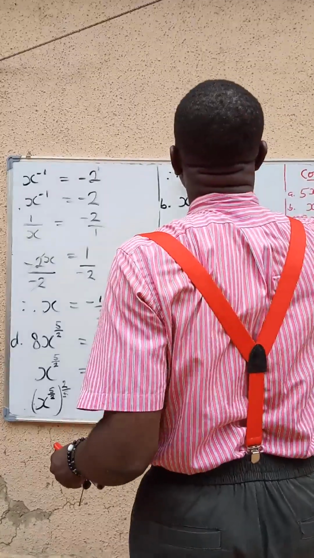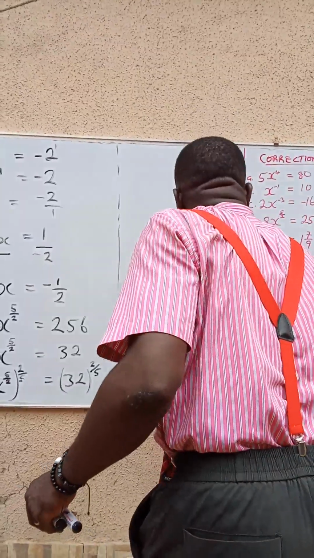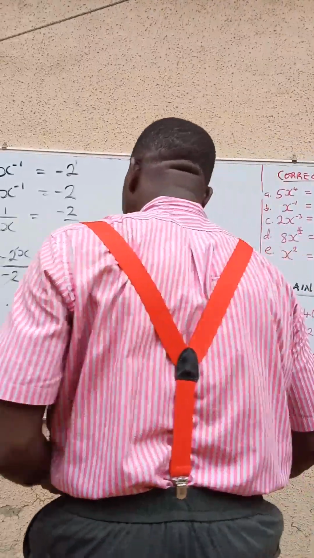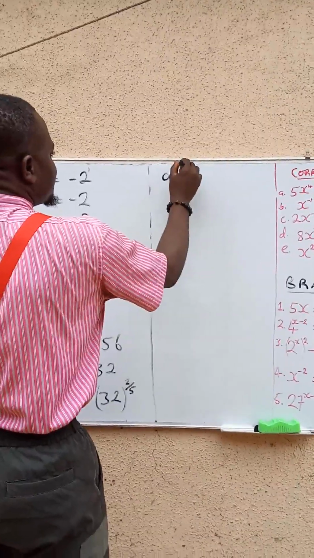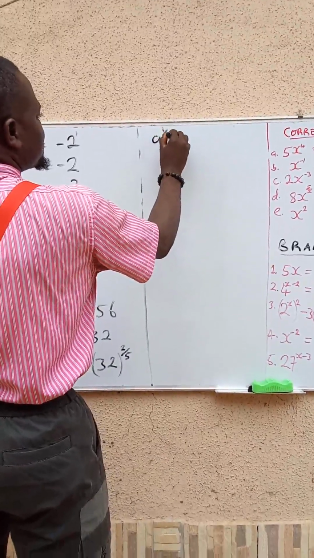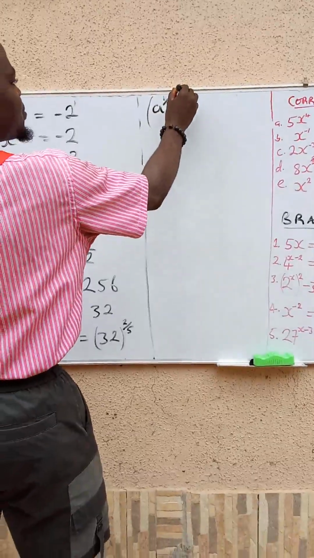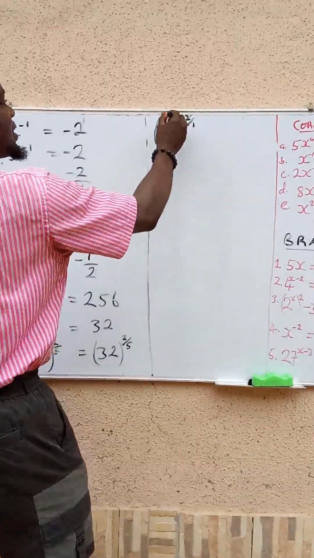If they give you anything in exam or anywhere, don't panic, don't be scared. Know the rule, apply it. Simple. So if I have a raised to the power of 1 over 2, what I will use to remove this is the inverse, 2 over 1. So when these two go, this is the same thing as this.